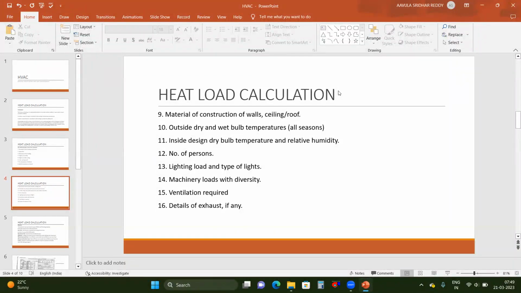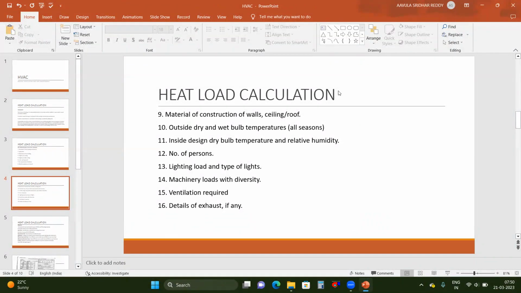But in pharmaceutical or food industries, the temperatures and relative humidity will vary. Depending upon the product, there might be low or high relative humidities. If the client requires specific humidity or temperature, we need to take it into consideration and do the calculation.